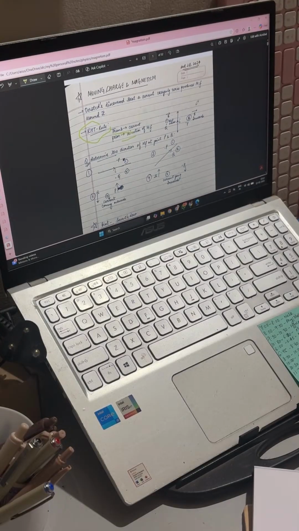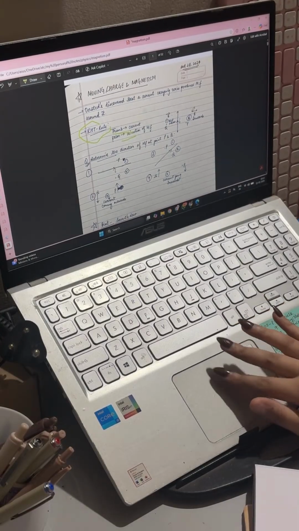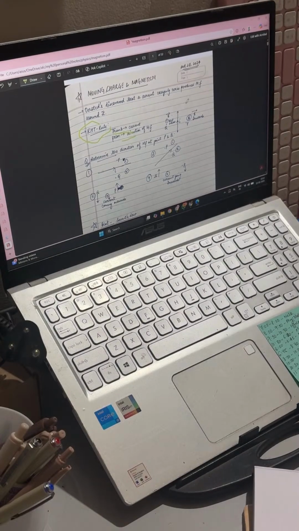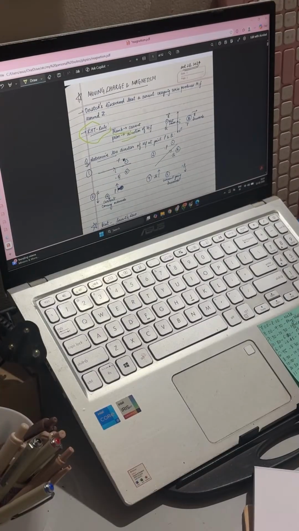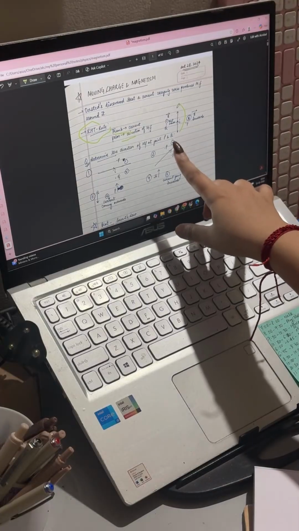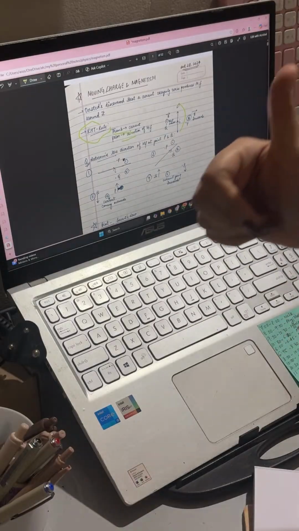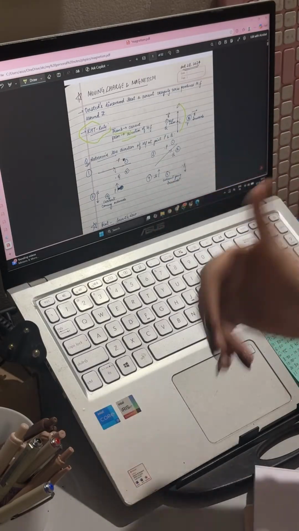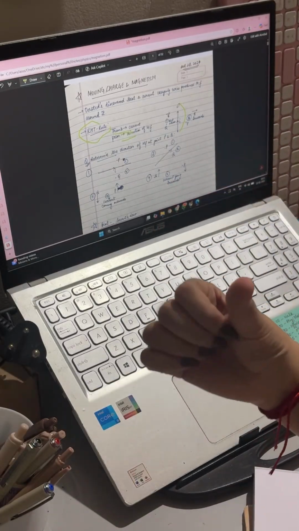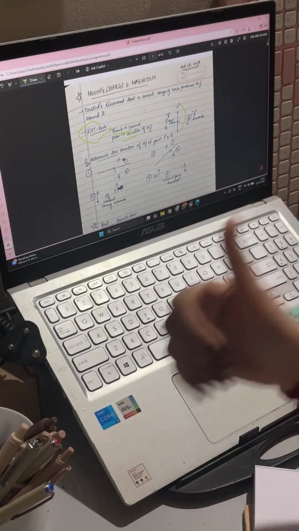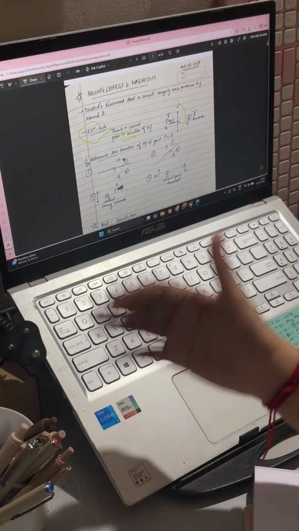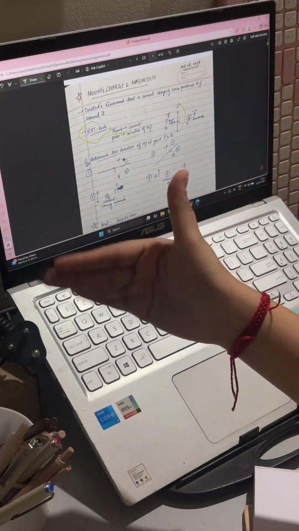So how does it work actually? If you focus on this part, you can see we have a wire in which current is flowing. If the current is going in the upward direction, imagine this is your thumb and these are the magnetic fields, and the thumb is going up. So basically your magnetic fields are circling like this.